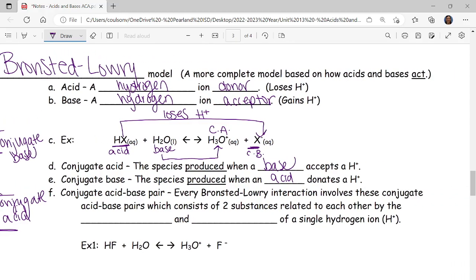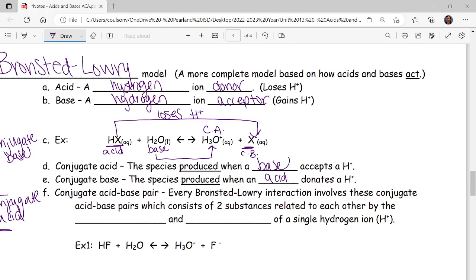So the conjugate acid-base pair says that every Bronsted-Lowry interaction involves these conjugate acid-base pairs, which consists of two substances related to each other by the gaining and losing of a single hydrogen ion.